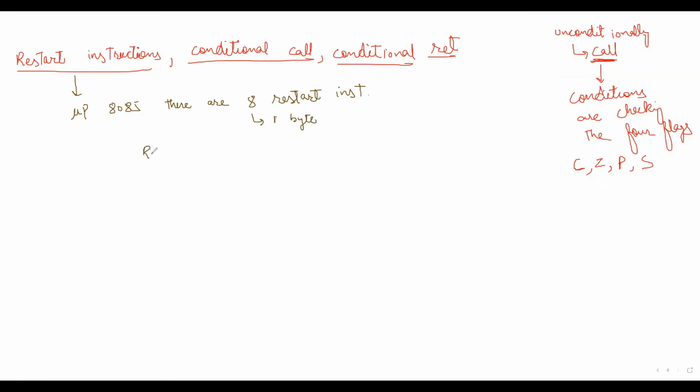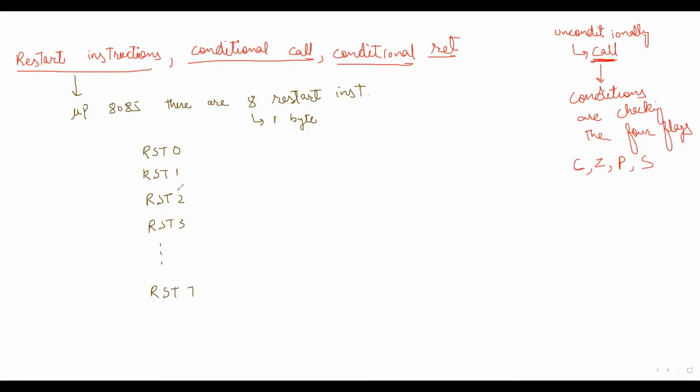The first instruction is RST0, written like this. Another is RST1, another is RST2, another is RST3, and likewise we have up to RST7. These are the 8 instructions.